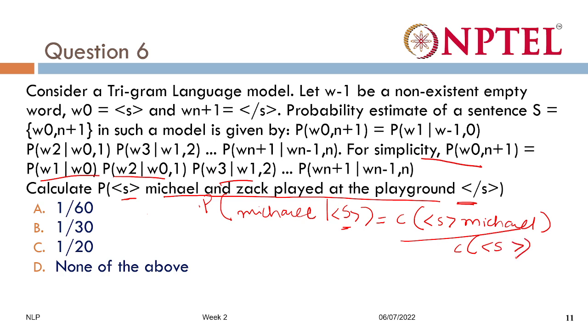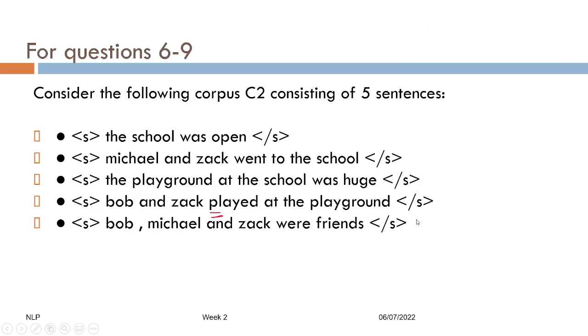Okay. So if we go back to the original set of sentences, please see the slide. In how many sentences is Michael following the start token? Any answers? Please open up your mic and speak. How many times is Michael occurring following the start token?